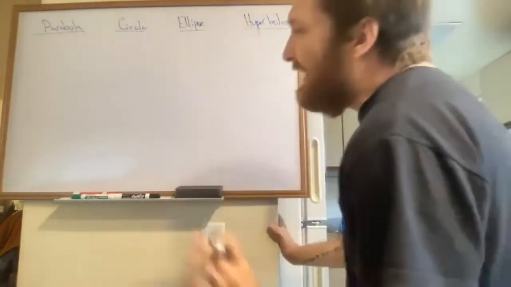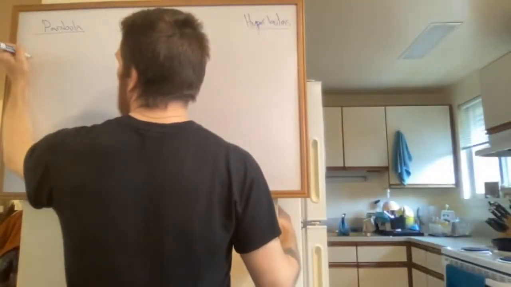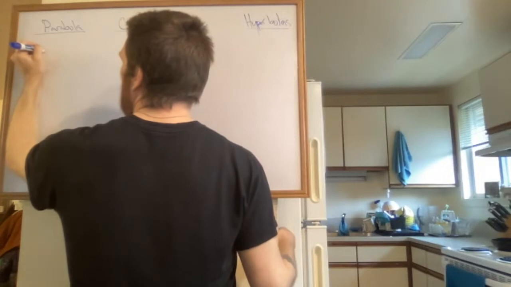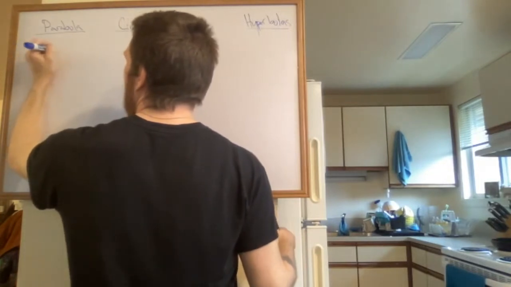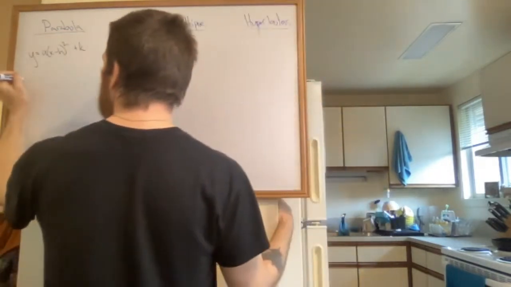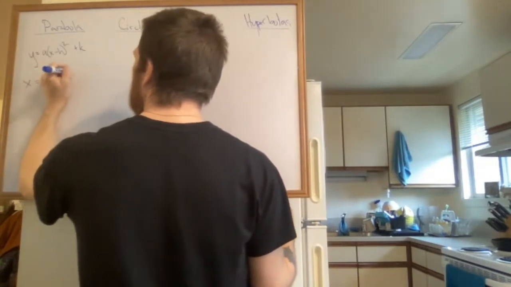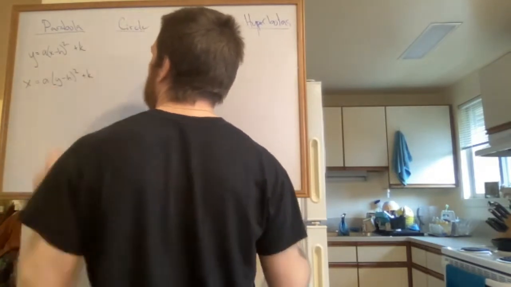We'll say the standard form for a parabola is either y equals a times x minus h squared plus k, or it could be the other way around, x equals a times y minus h squared plus k.